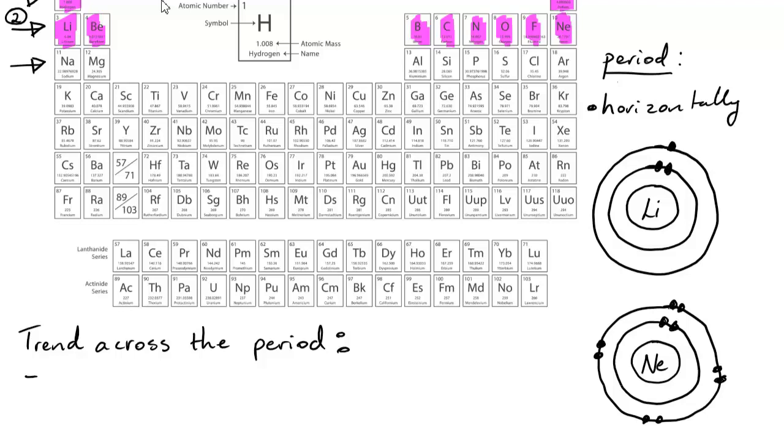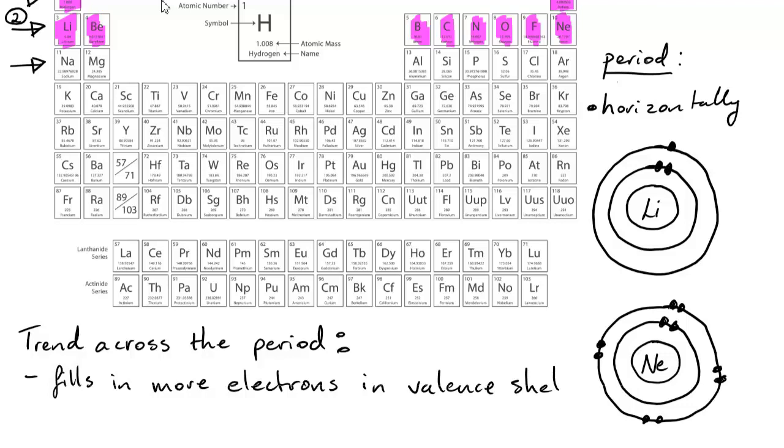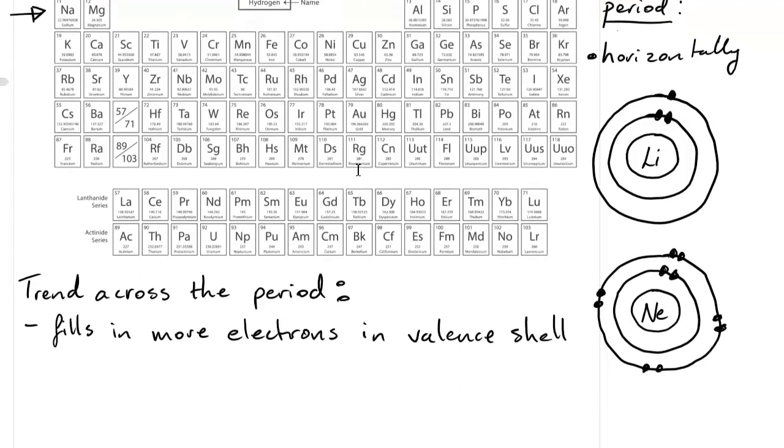So as you go across the period, it basically fills in more electrons in the valence shell, which is just the last shell that is within the particular atom. Okay, now, so that's across the period.